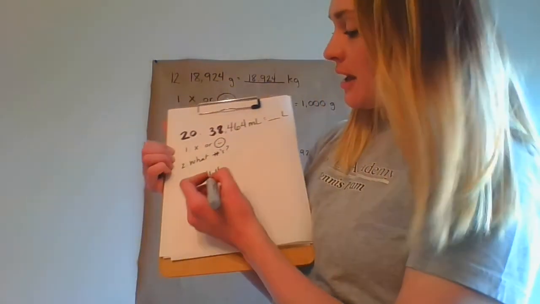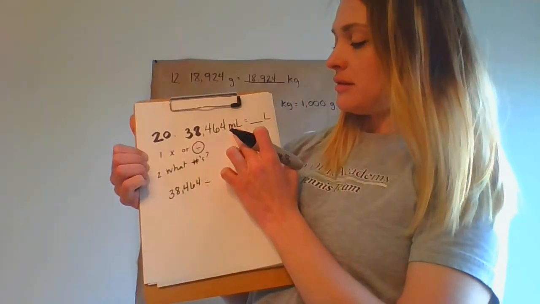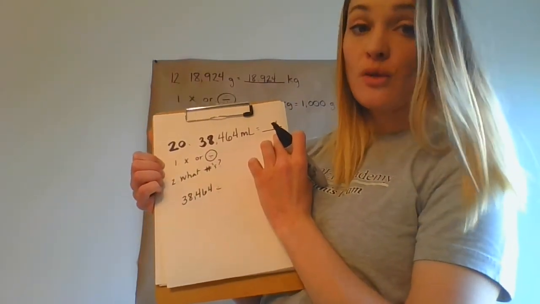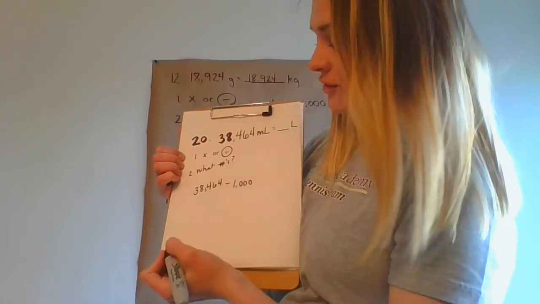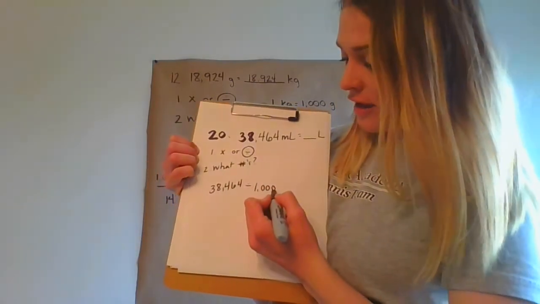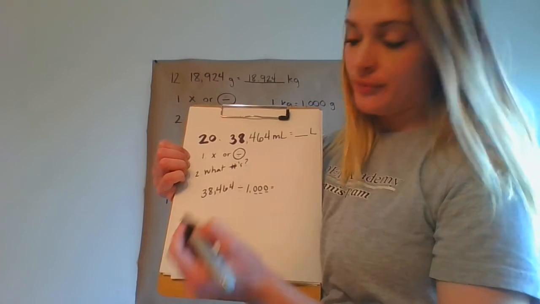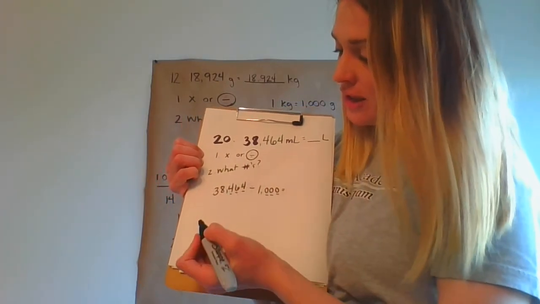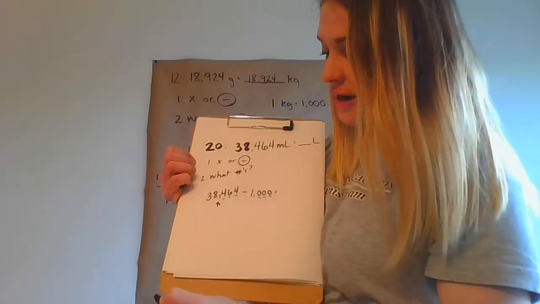Okay, what numbers? Divided by, well, how many milliliters makes up a liter? Okay, 1,000. Try to straighten that out a little bit. Okay, I have 1, 2, 3 zeros. I'm gonna go 1, 2, 3. My decimal in my answer is gonna go right there.